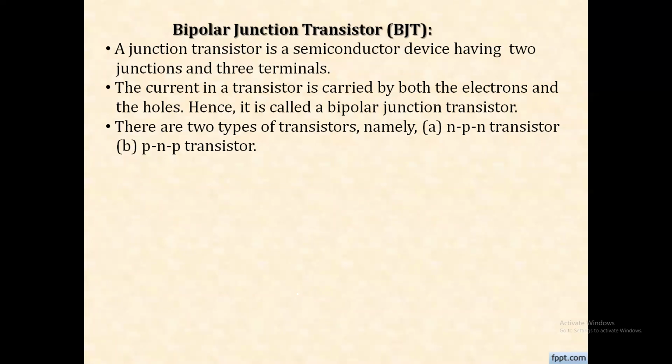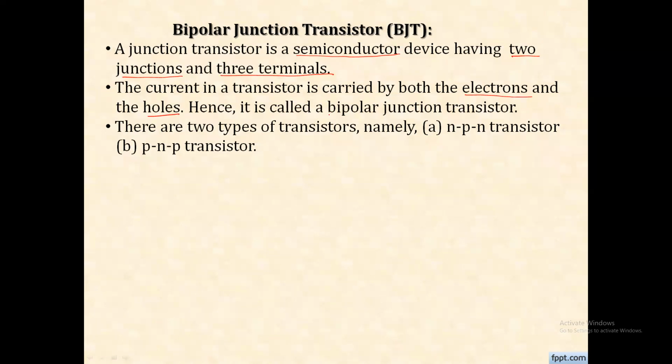There are some basic things related to this bipolar junction transistor. A junction transistor is a semiconductor device. It means that it is also made with a semiconductor material, silicon and germanium, having two PN junctions and three terminals. Just now I said that. The current in the transistor is carried by both free electrons and holes.